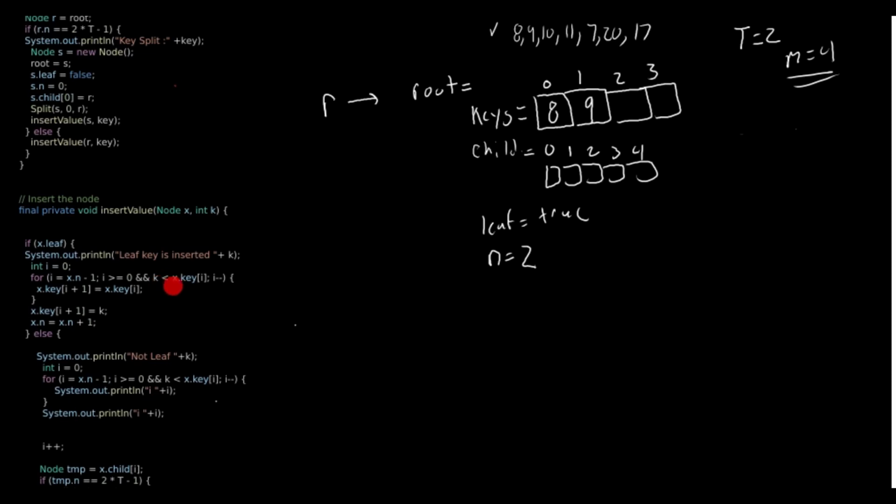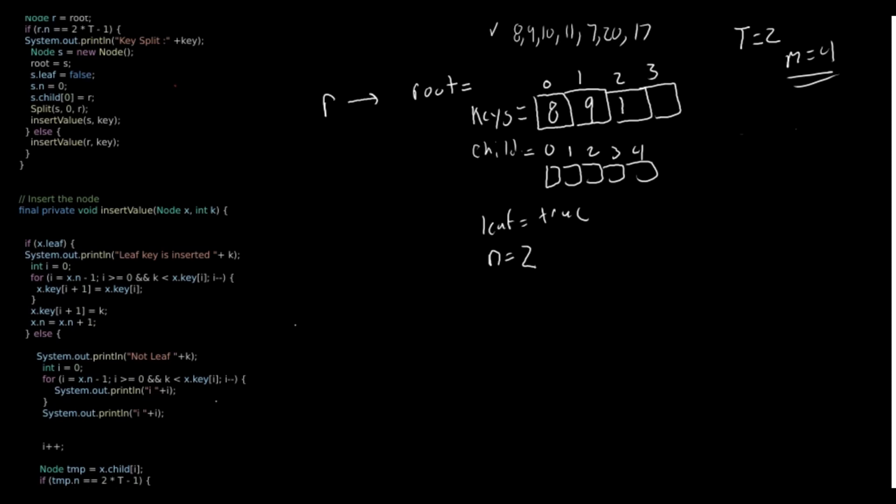To take away 1 will be 1. We start there. 1 is greater than 0. And then is this greater than the values before it? No. K is not less than the values before it, so we don't have to go through this for loop.